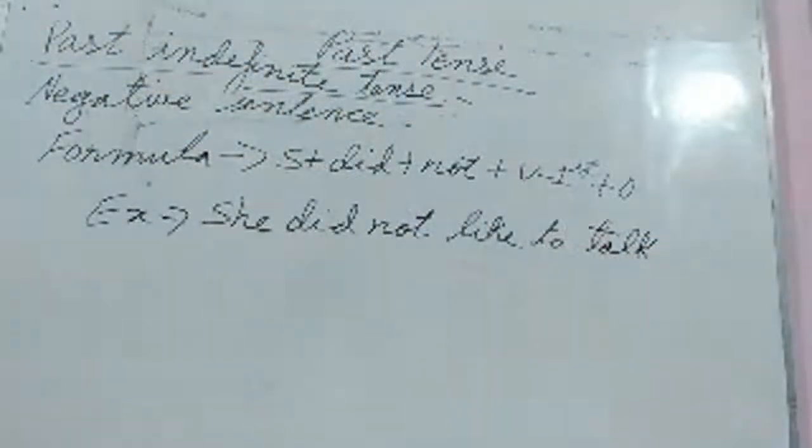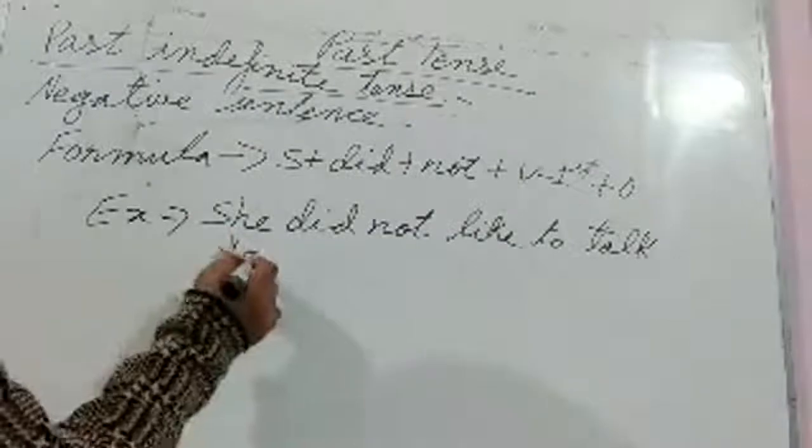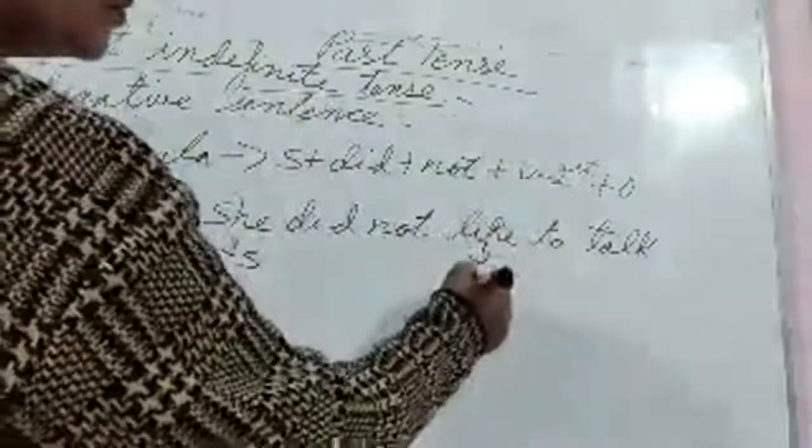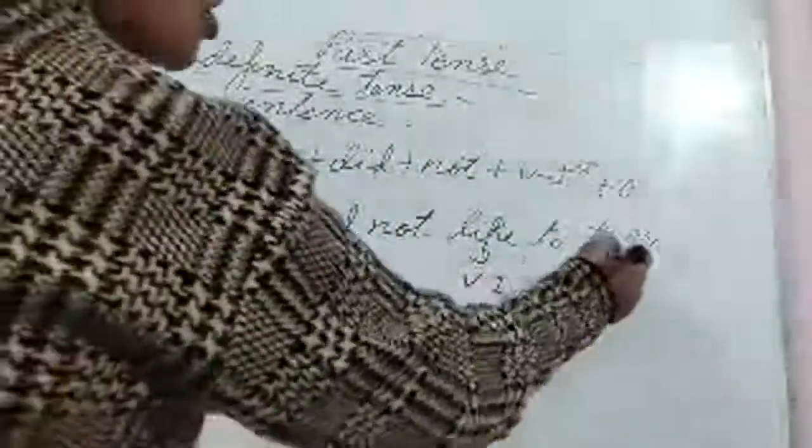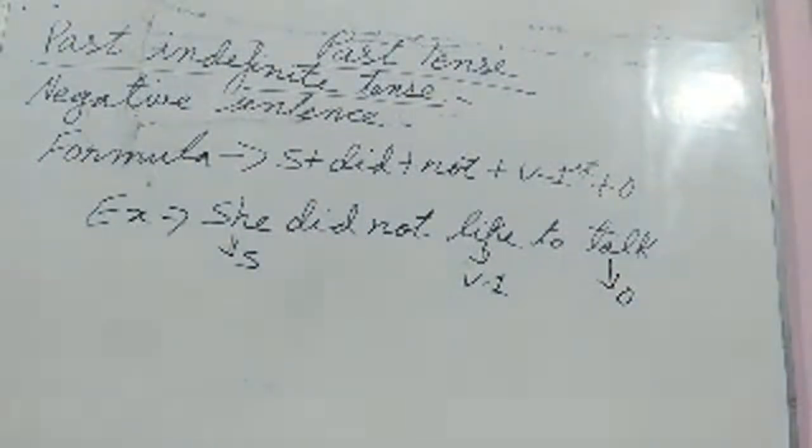Okay, she did not like to talk. Right? So here, according to the formula, as you can see, she is the subject. Did not, as it is a negative sentence. Like is the verb of first form. To talk, talk is your object. She did not like to talk.